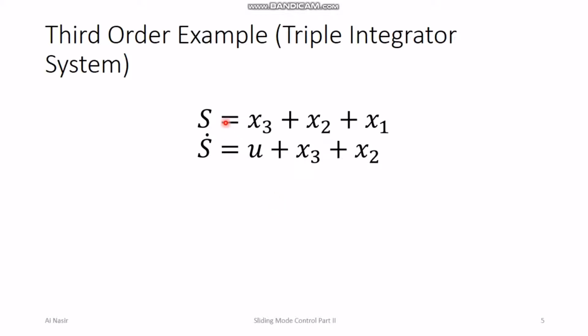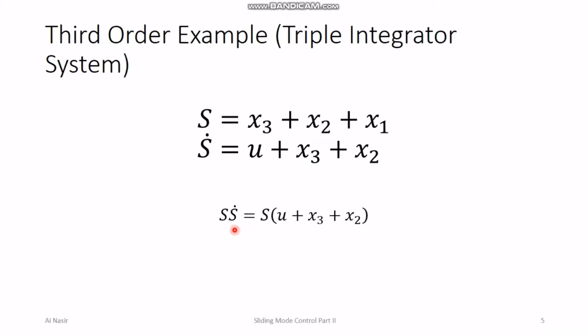So this is our sliding surface, x1 plus x2 plus x3. This is the derivative of the sliding surface, and what we do is we try to satisfy the sliding condition by selection of u.